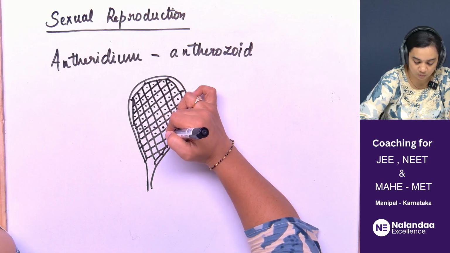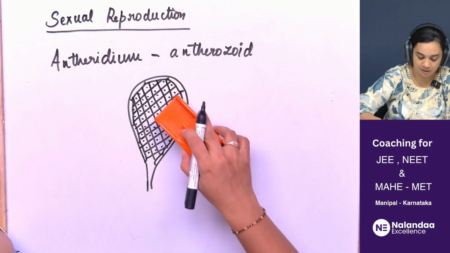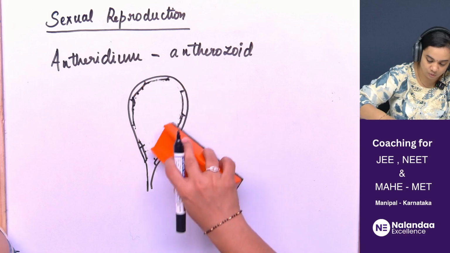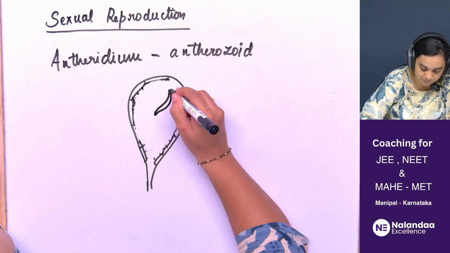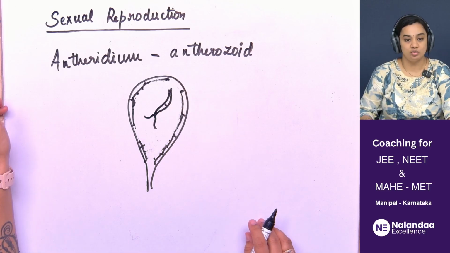Clear? So what happens once these cells are mature? They will simply turn into thousands of antherozoids, curved structures with two flagella.